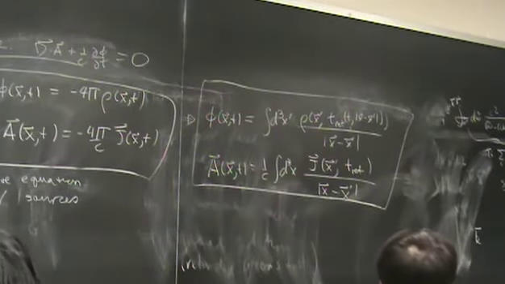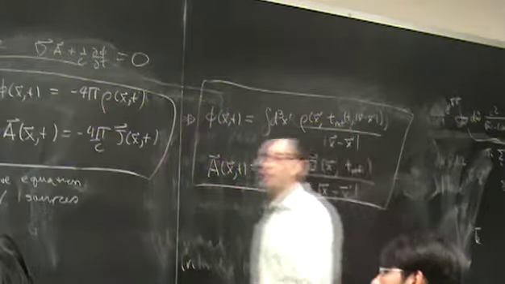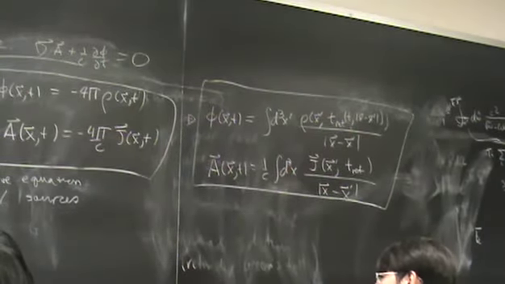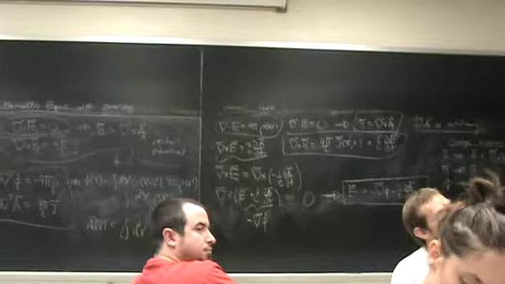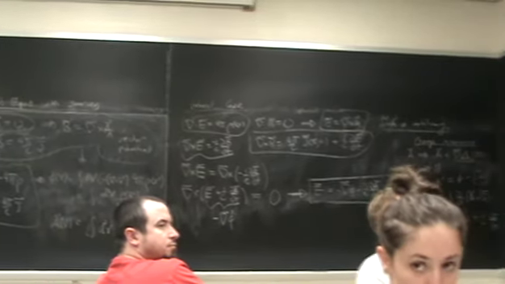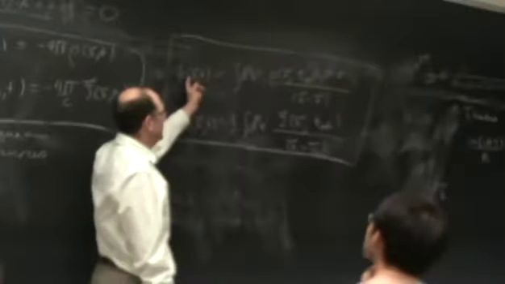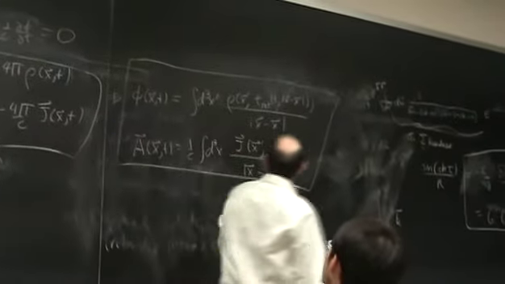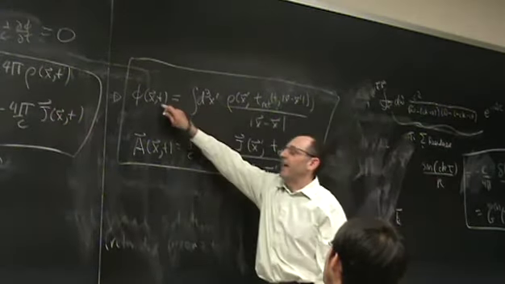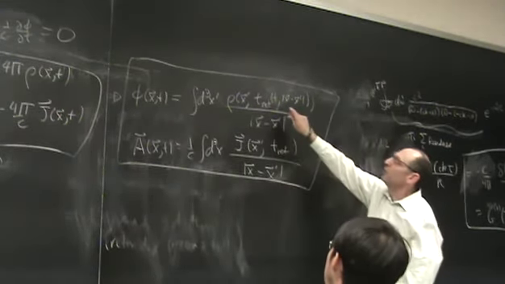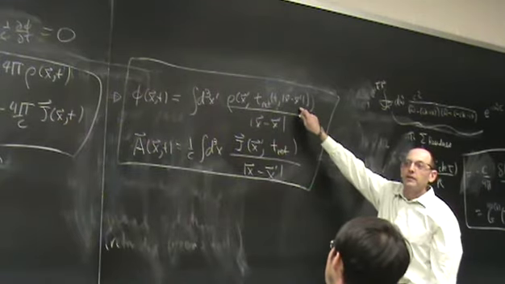It looks just like the solution that we wrote down in the static case, but not quite. It has this very important difference: the potential I see at position x and time t is not related to what the source is doing instantaneously at that time, but what the source was doing at the retarded time.